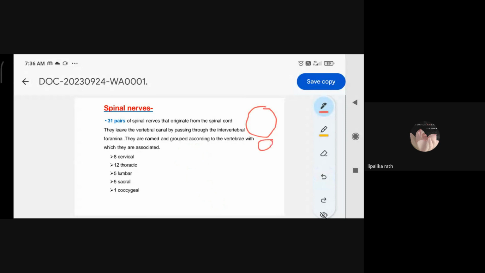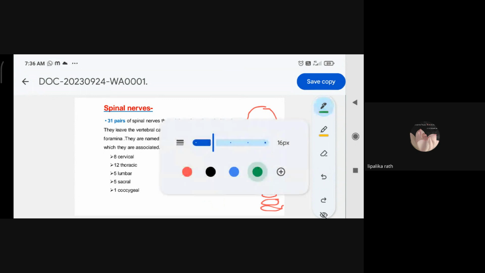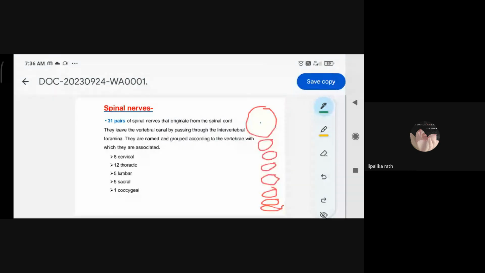This is first, second, third, fourth, fifth, sixth, seventh. Now, between the skull and the first cervical vertebra, there will be a pair of nerves.